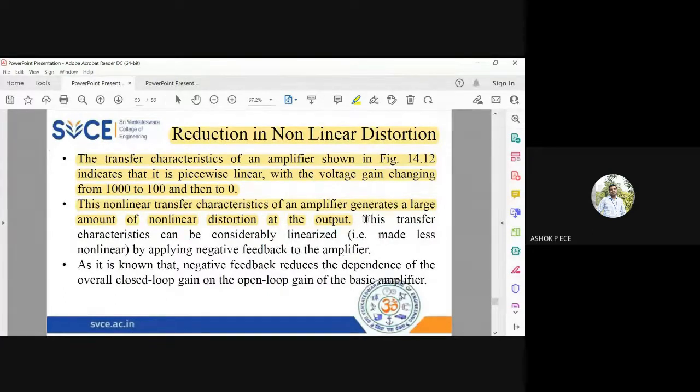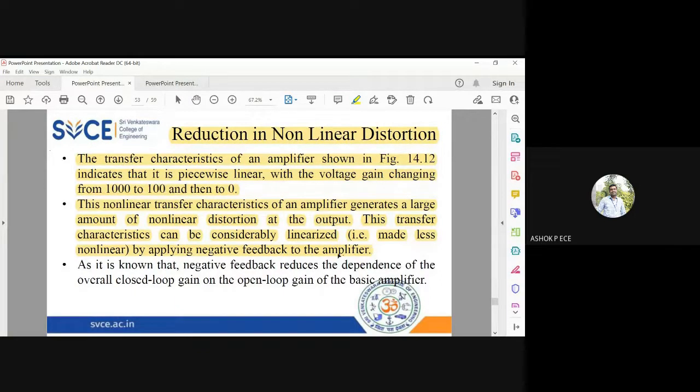So this transfer characteristic can be made linear if you apply negative feedback. If you apply negative feedback to this type of amplifier, which is highly non-linear, what they claim is the output will be free from distortion, or the characteristics can be converted from non-linear to linear characteristics.